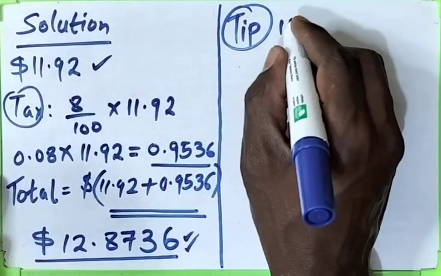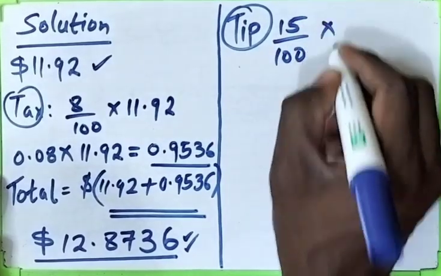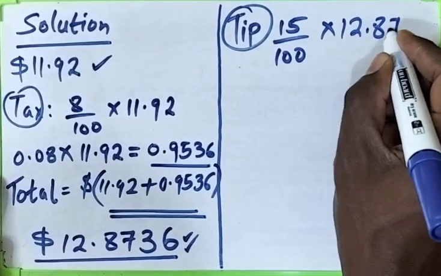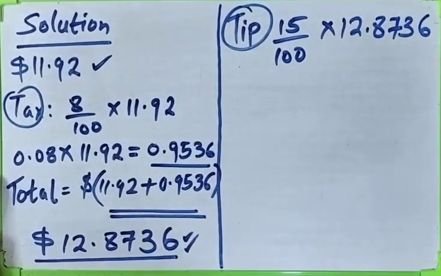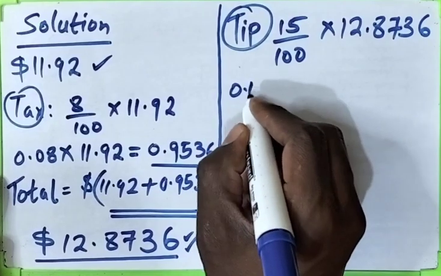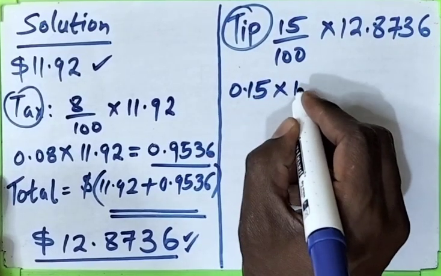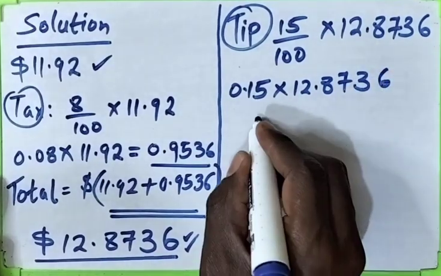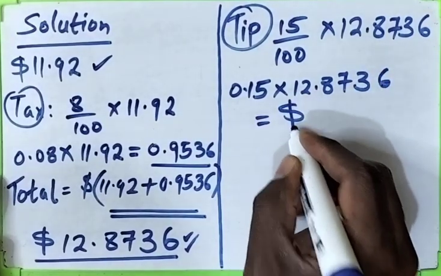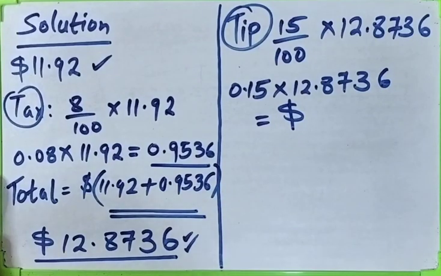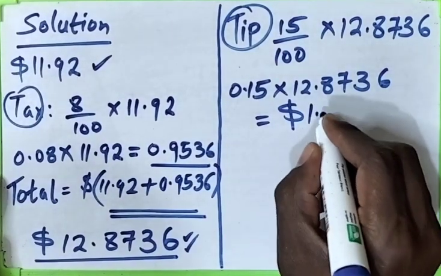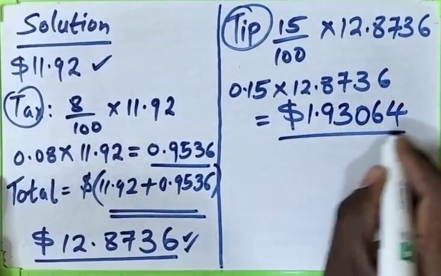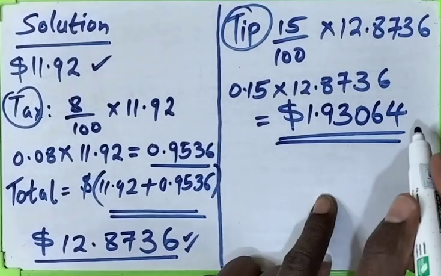So it will be 15 over 100 times 12.8736, which is the same as 0.15 times 12.8736. Again, you use your calculator, you shall get 1.93064 dollars. This is for the tip alone.